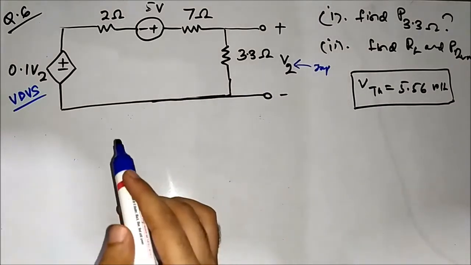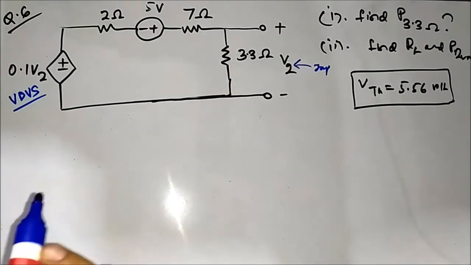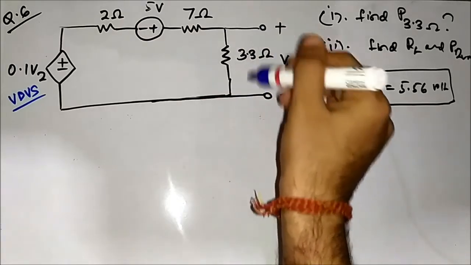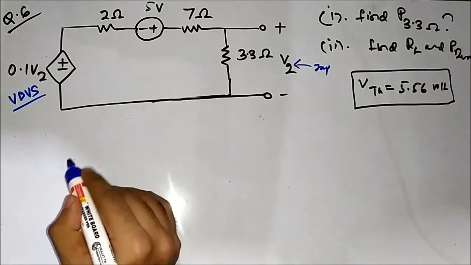So for that we have to redraw the circuit, deactivating this 5 volt independent voltage source, that is short circuiting it, and we have to connect an external excitation voltage 1 volt. So let us redraw the circuit.